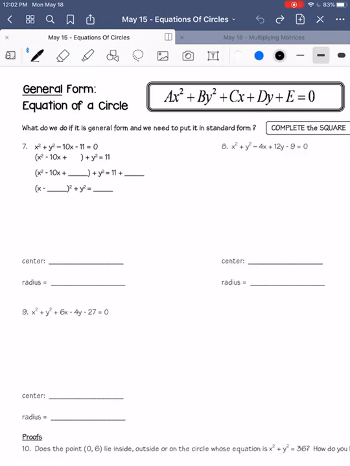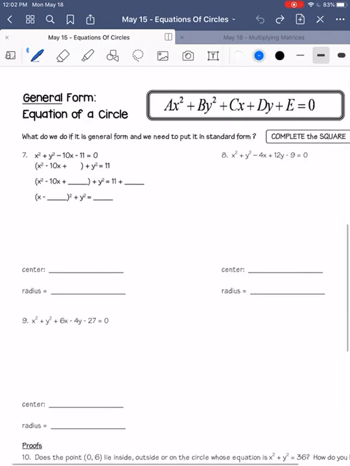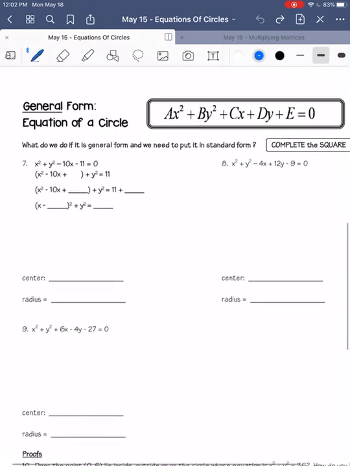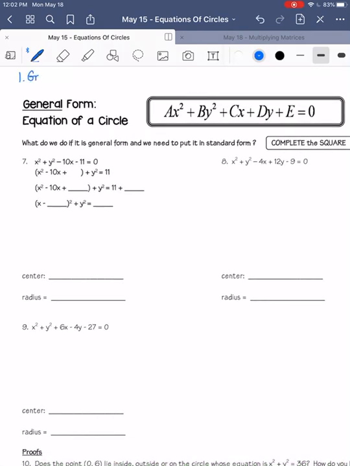The first way we do this is we're going to group the x's and the y's. So first, group x's together and y's together. Anything that has an x is going to be together, and anything that is a y is going to be together.